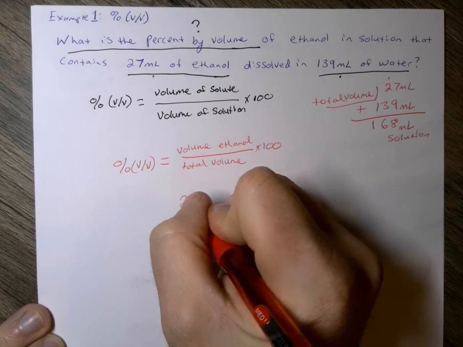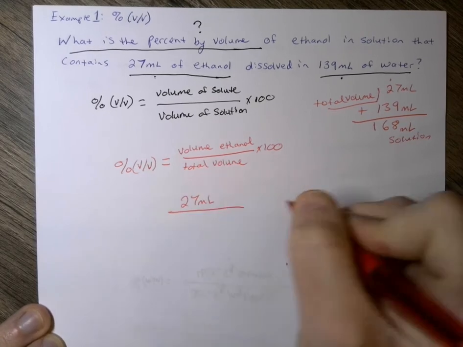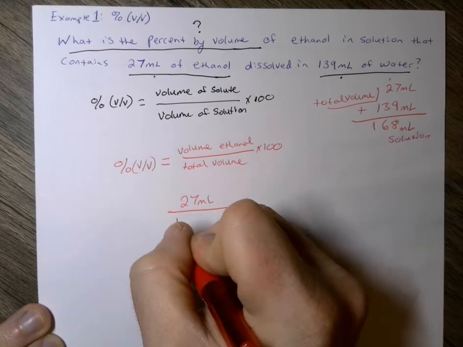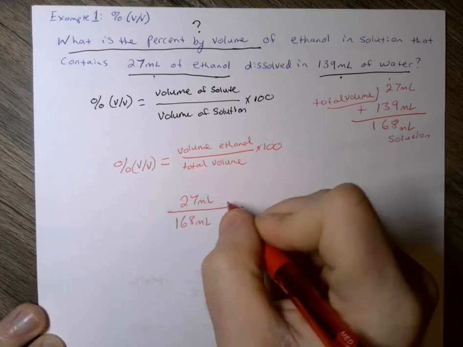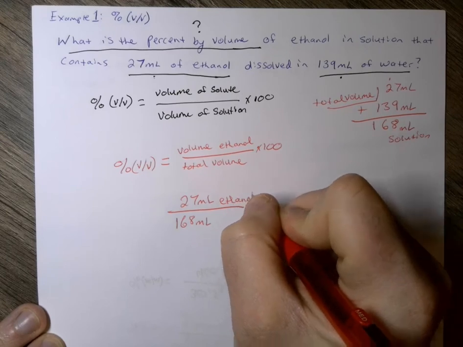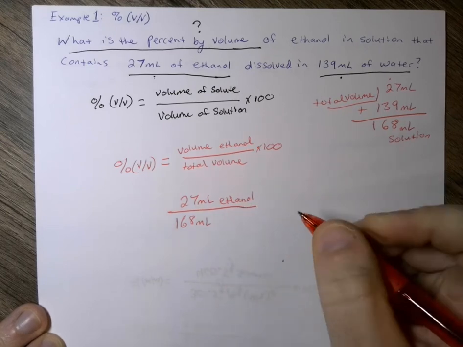So 27 milliliters divided by 168 milliliters. Now the first one was milliliters of ethanol. I like to write that in there so I know what I'm solving for.